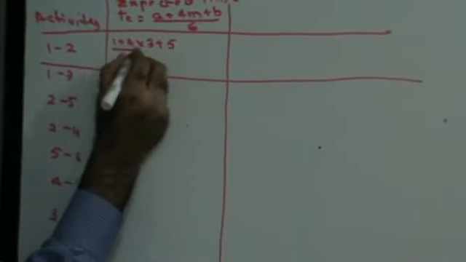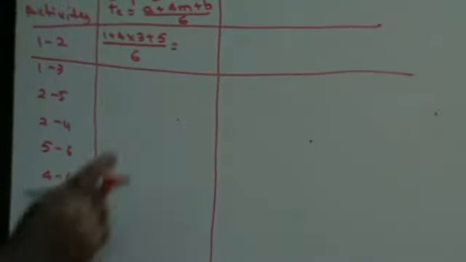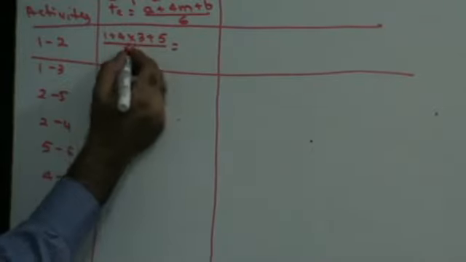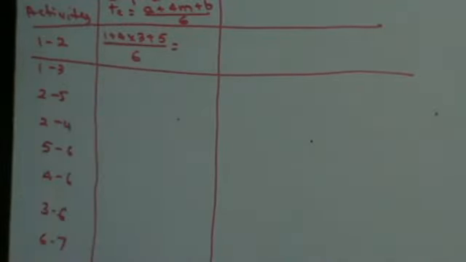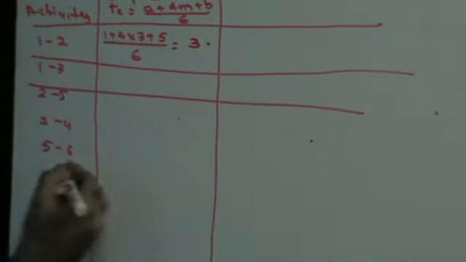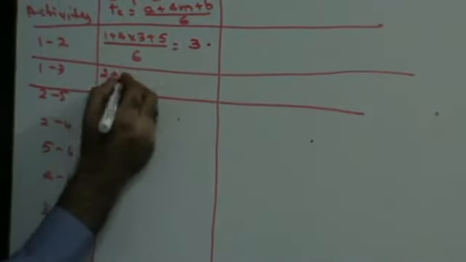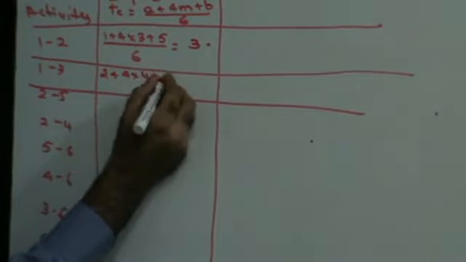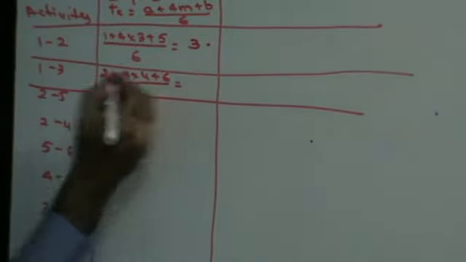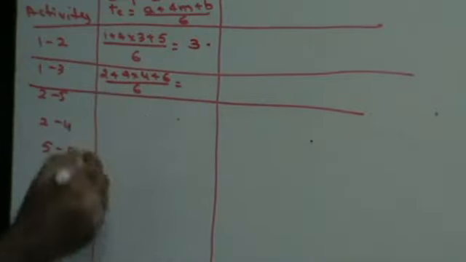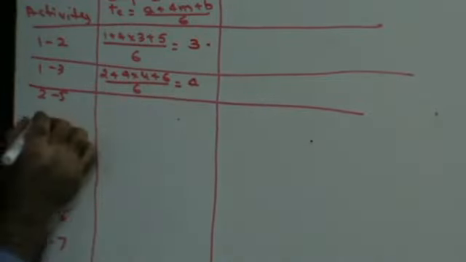this is going to be 1 plus 4 into 3 plus 5 upon 6: 12, 13, 13 plus 5, 18, 18 upon 6, that's going to give you 3. Next, 2 plus 4 into 4 plus 6 upon 6: 16, 22, 24 upon 6, 6 4s are 24.